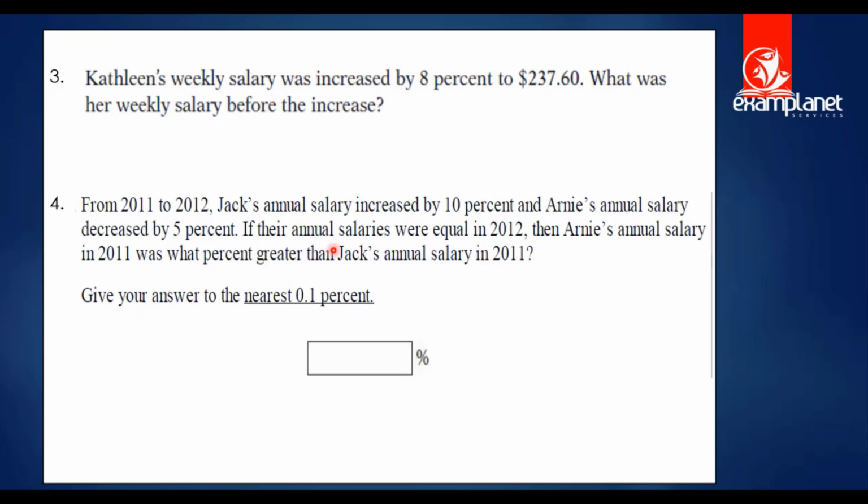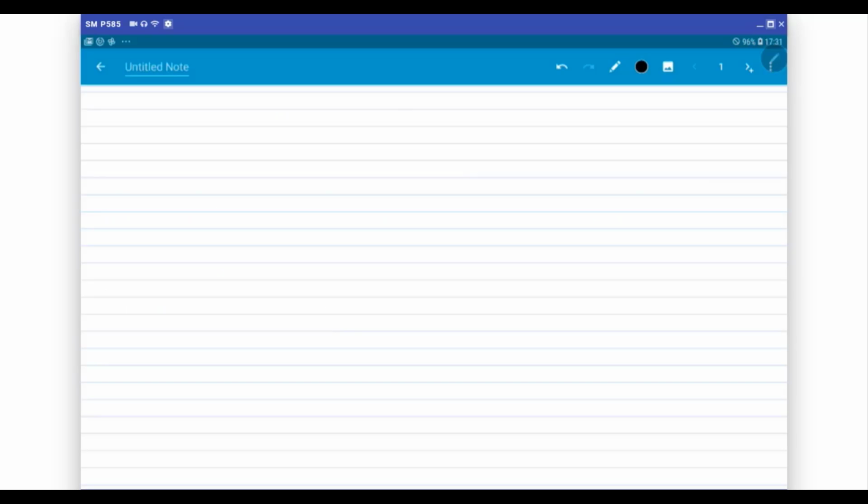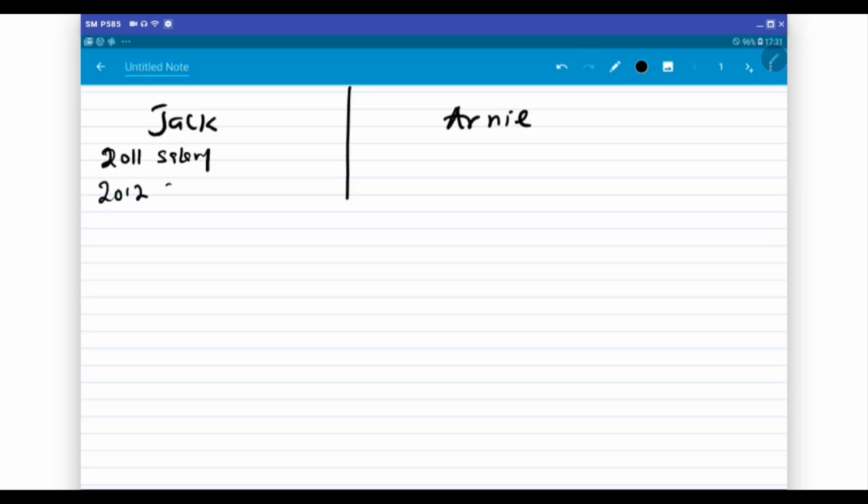Okay, so let's say that we have Jack on this side and then Annie on this side. Okay, so we have the 2011 salary, let me put it that way, and then there is the 2012 salary for Jack. Then for Annie, same way, we have the 2011 salary, and we have the 2012 salary for Annie as well.